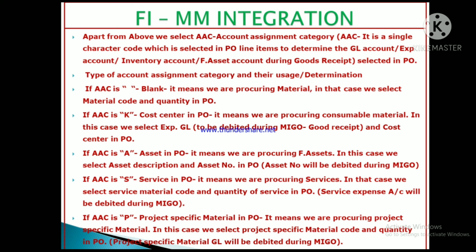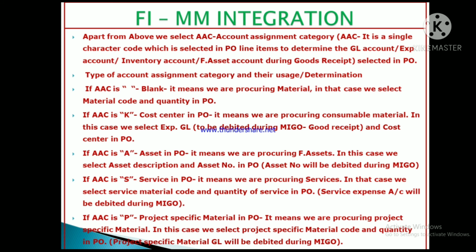MIGO means your goods receipt. If AAC is S, it means services in a PO. So we are going to procure services. In that case, we select the service material code and quantity of the service in a PO. The service expense account will be debited during MIGO.